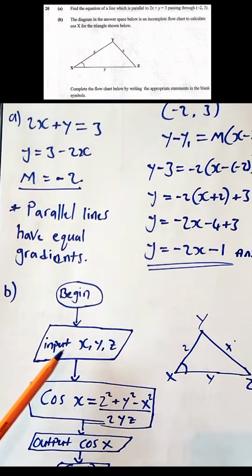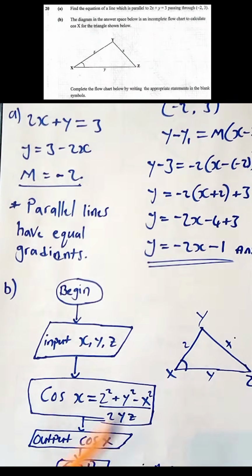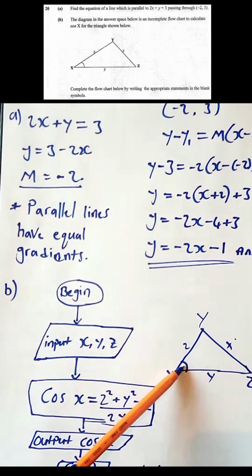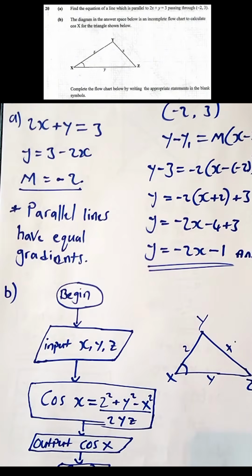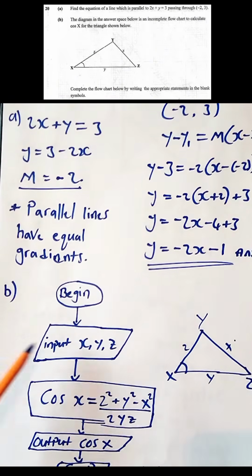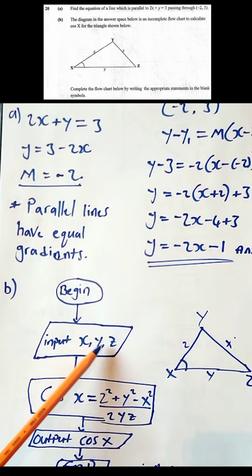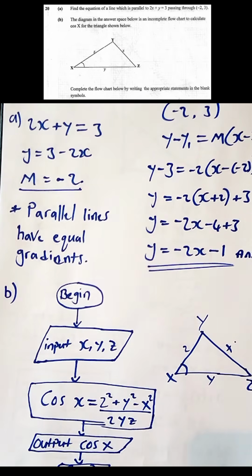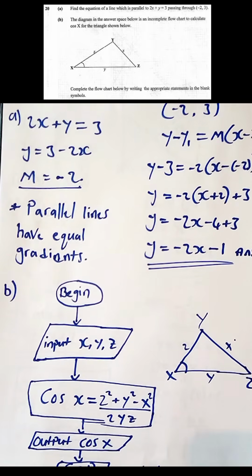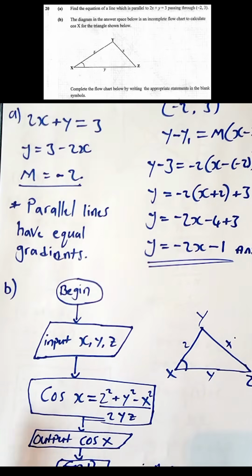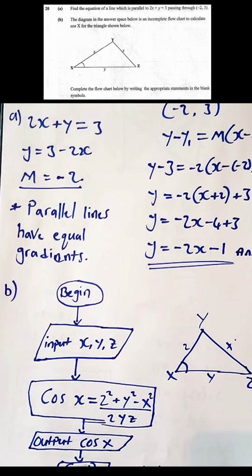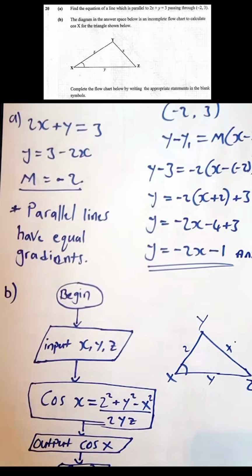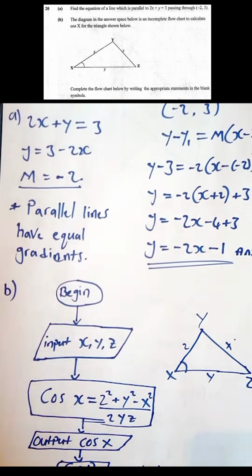You need to have the values of x, y, and z. So you are saying input x, y, and z. Then how are you going to calculate the angle? You are going to calculate it using this formula. After you've calculated it using this formula, you're going to output it and you end your program. So this is the final answer.